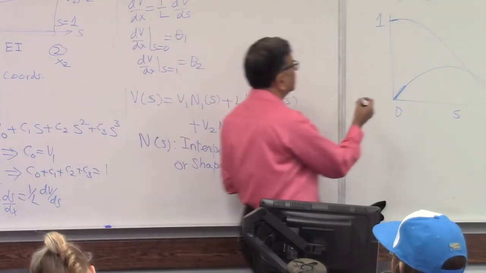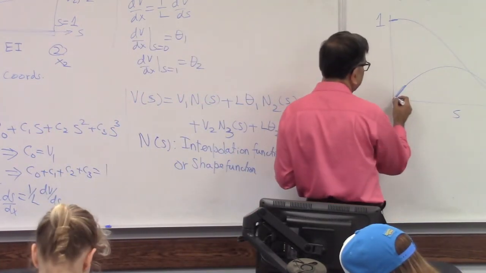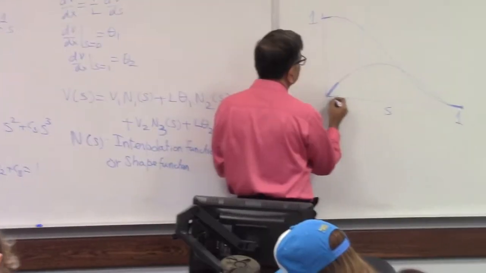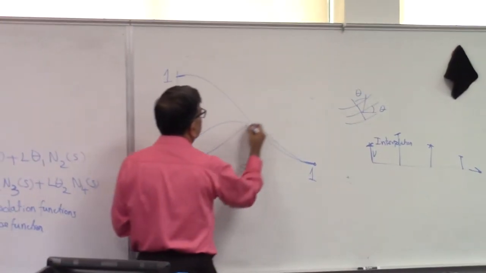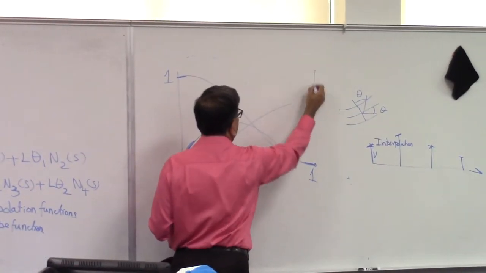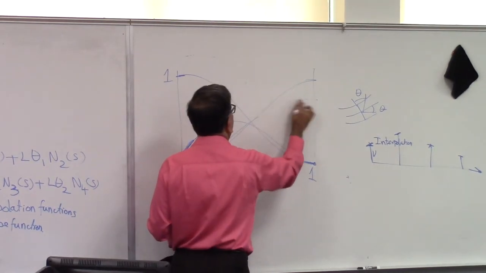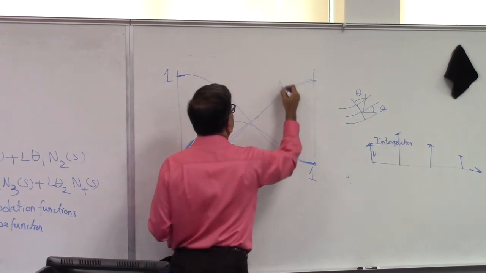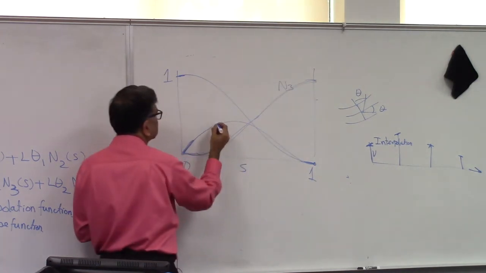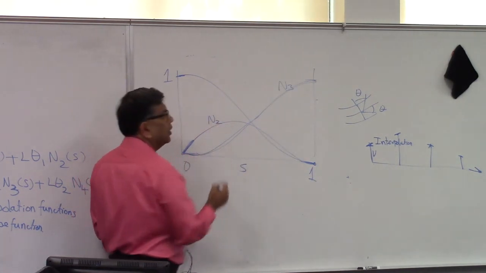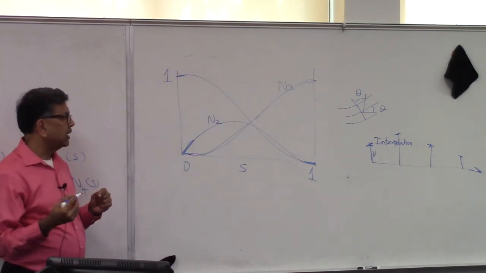So this is N2. N3 will be like the opposite of it, it will be 0, 0 here, and then it will be 1 here. This is N3. This is N2. N4. Okay, can anybody draw N4?